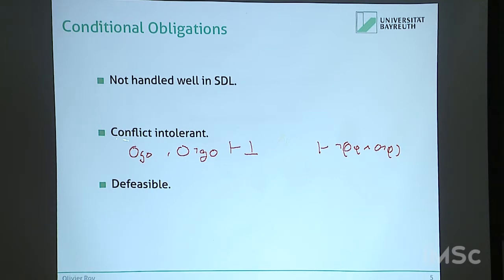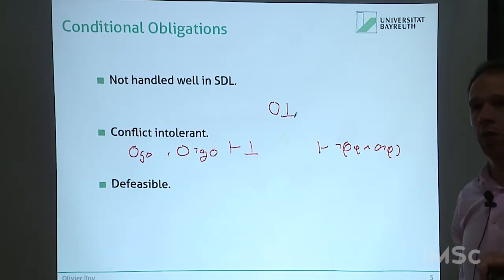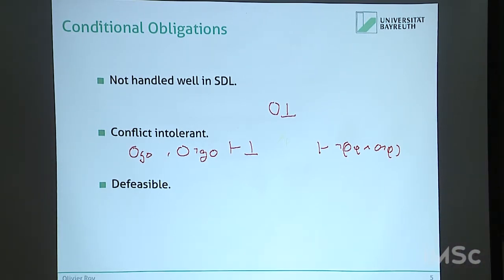A conflict tolerant logic would be one in which you could have this without having a contradiction, and also in which you could have a conflict like that without ending up in a situation in which you ought to do the impossible. So you can have a logic that does not explode when you have normative conflict, but that will conclude that if you ought to go and you ought not to go, then you ought to do the impossible thing.